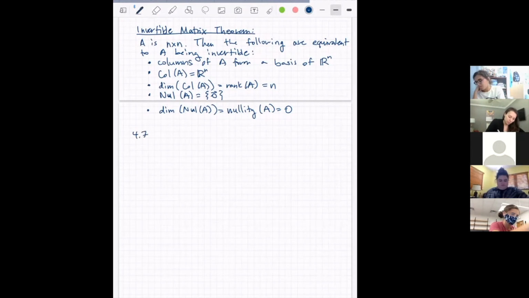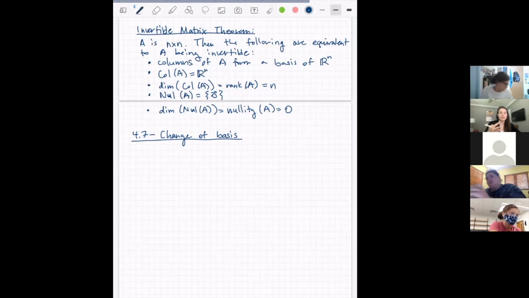So 4.7 is about change of basis. Okay, so we've talked about bases and about representing a given vector in terms of a basis, right? So we're going to talk about how to go between different representations of that vector in terms of different bases, right?